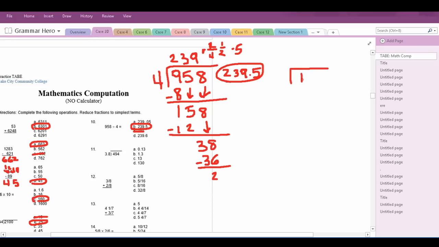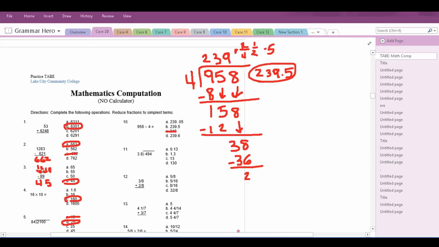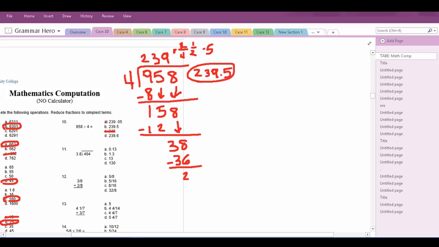We've got 494, and I'm going to redo that just to give myself some space. We're going to divide it by 3.8.